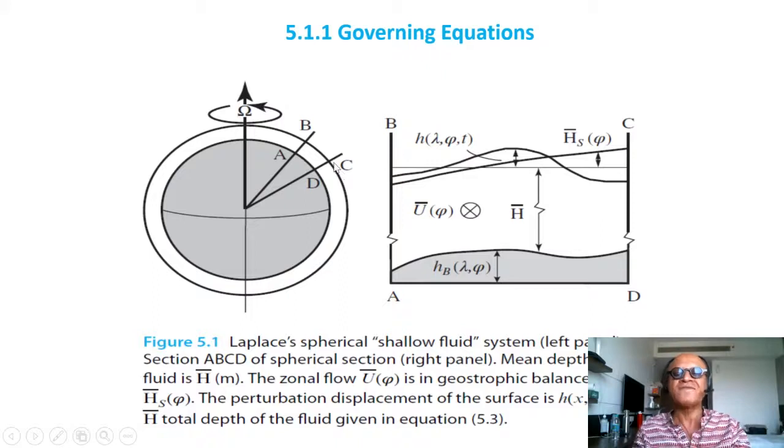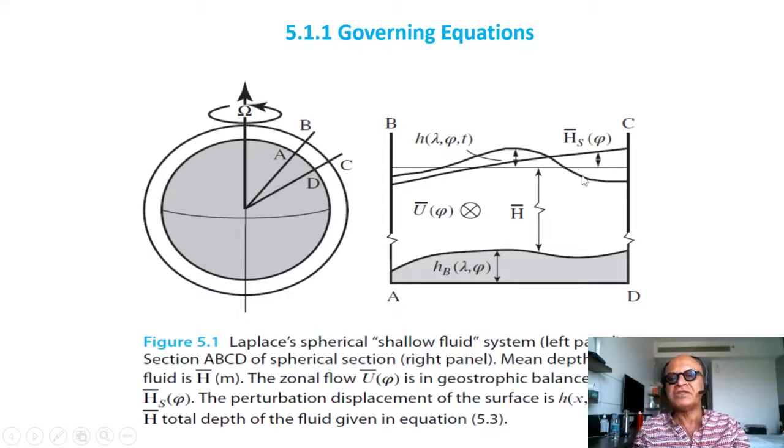By now you are comfortable with the idea of geostrophy. So if you have a slope going down this way, then you have a geostrophic flow going into the page. So you have the arrow's tail here. So that gives us the mean background geostrophic state.